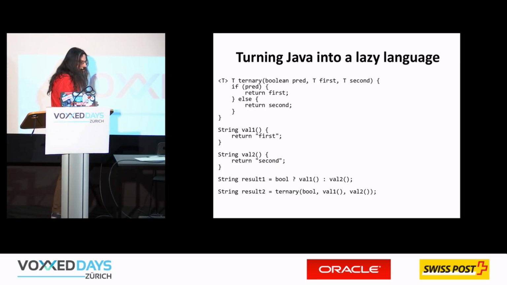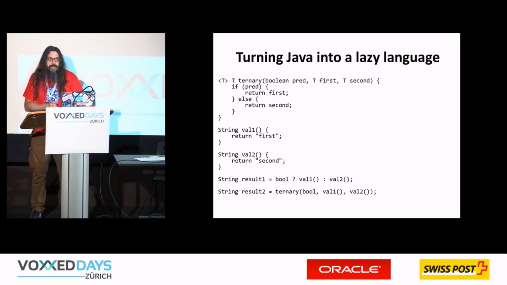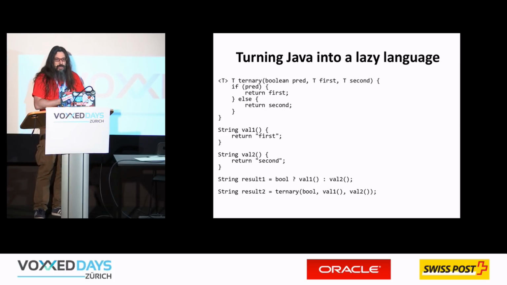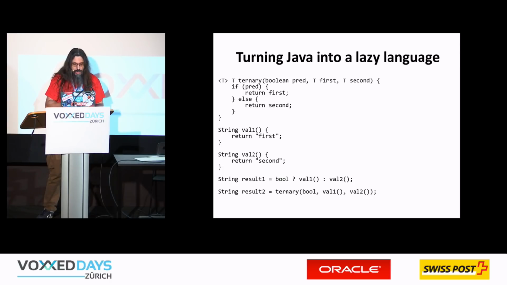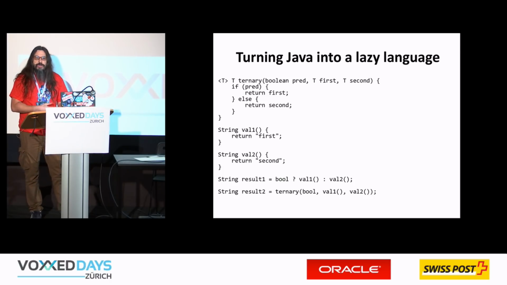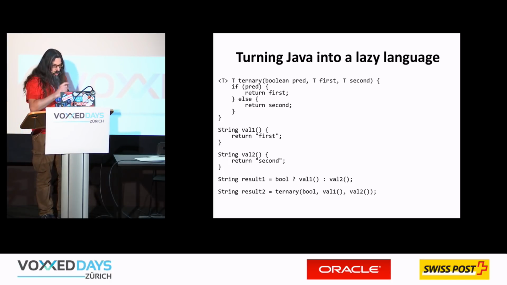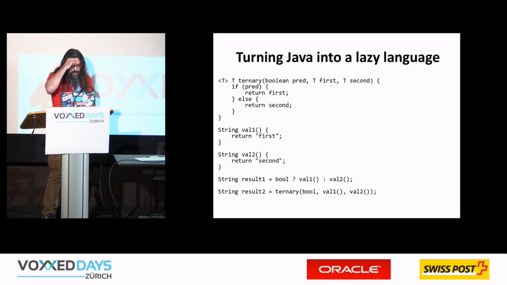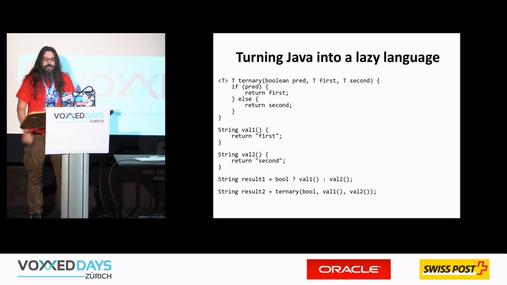And actually, it's quite simple to have lazy evaluation in Java 8 by means of lambda expressions. So here I was trying to recreate a ternary operator with a function. Result one is evaluated using the ternary operator, while result two is evaluated by calling this ternary method that I created.